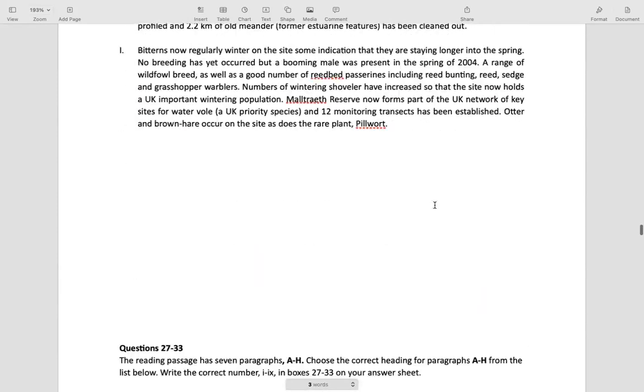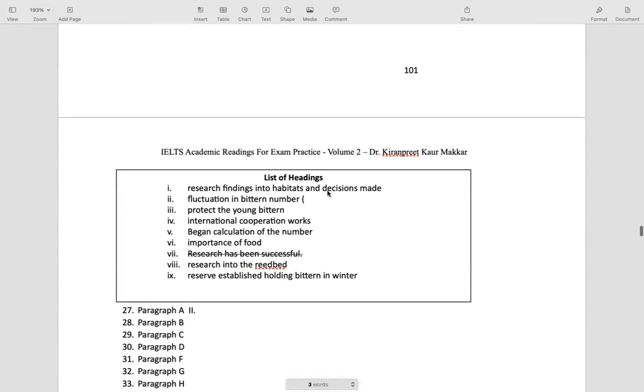So let's figure out the heading. Research findings into habitats and decision makers. I think we didn't do any research into habitats yet. Next. Fluctuation, we are done. Fourth. Take the young bittern. Can it be the answer? No. International cooperation. No. Began calculation of the number. Yes, it should be.